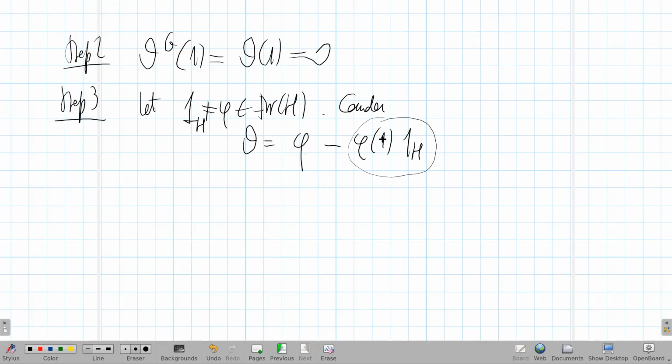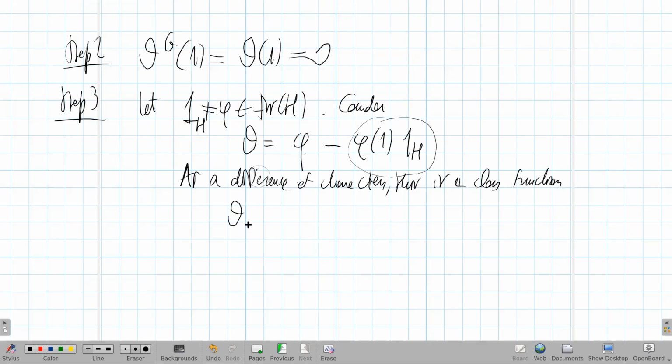In particular, as a difference of characters, this is a class function, because characters are class functions. And of course, what's theta of 1?